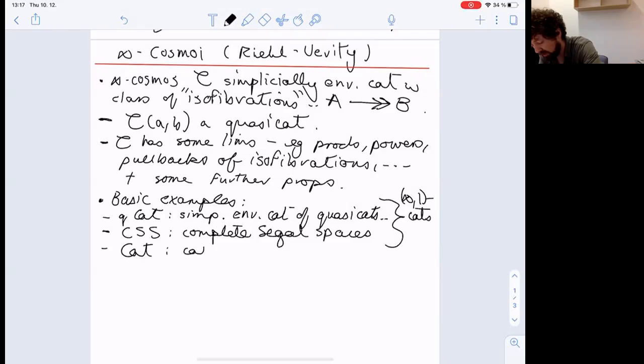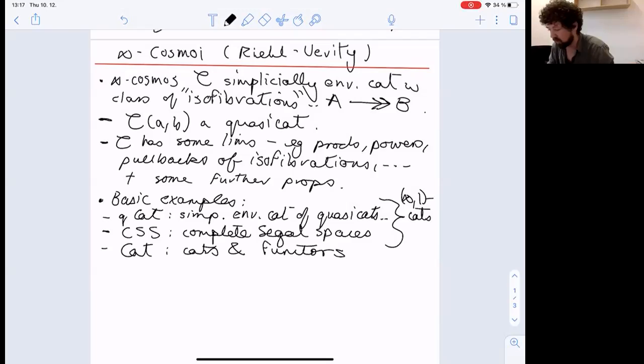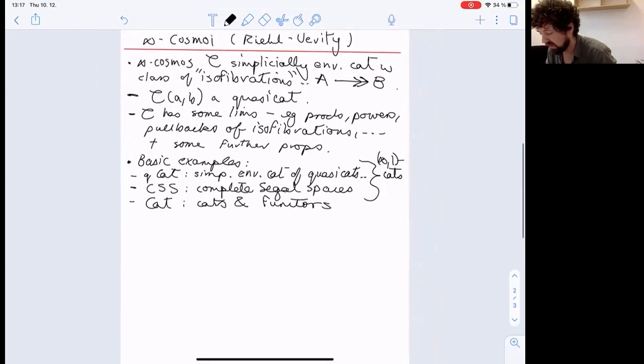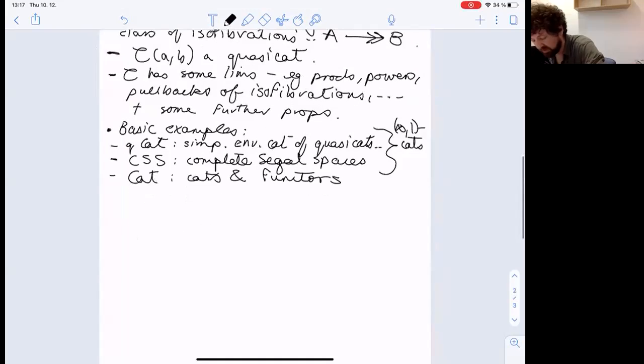Another simpler example would be categories and functors, so just Cat. If you don't know much about all the infinity stuff, then you can just think about Cat and think about whether the things I say are true when we take Cat. In fact, a large part of the story is rather too categorical.